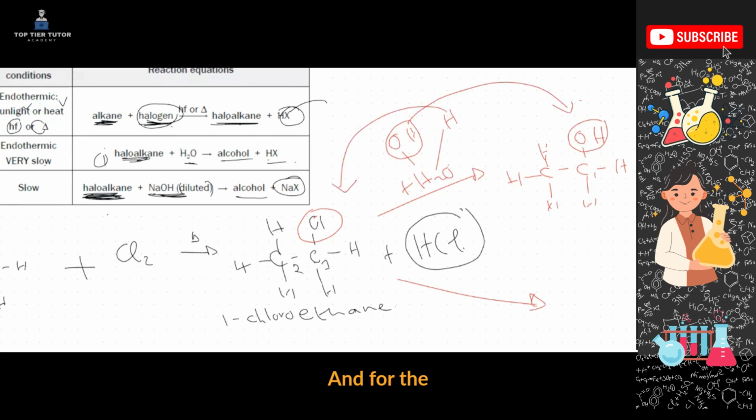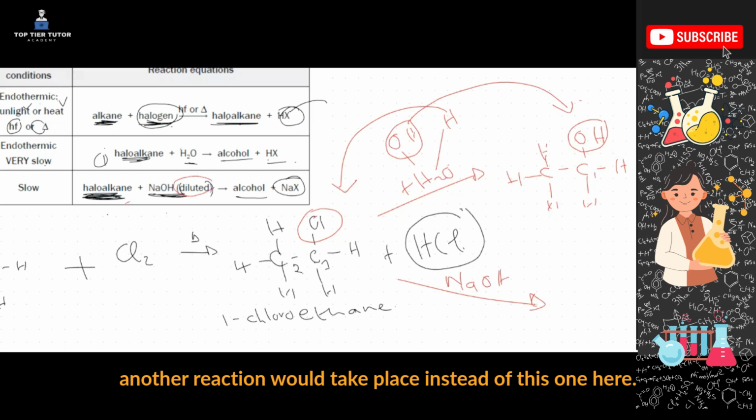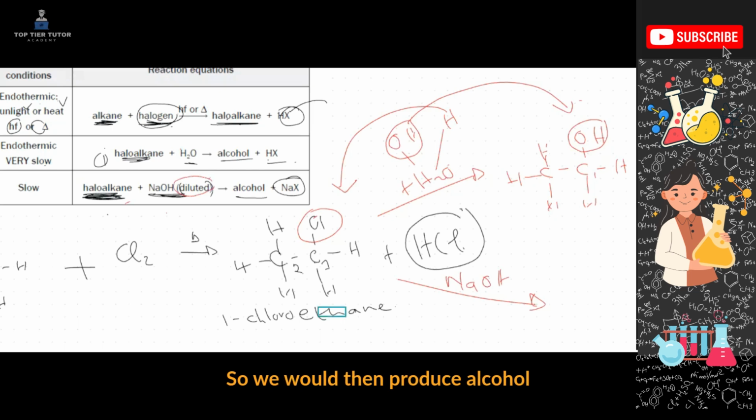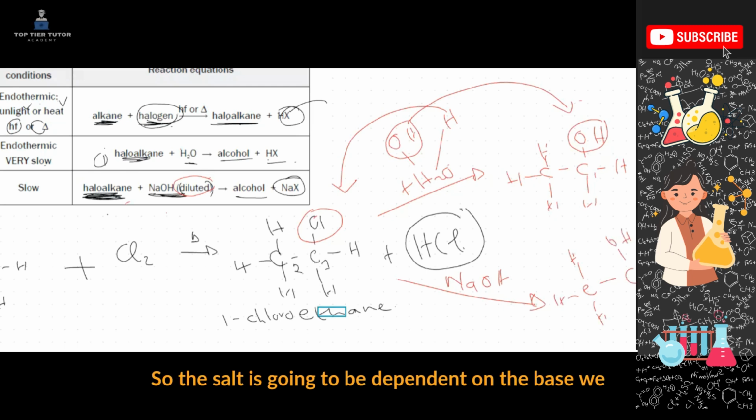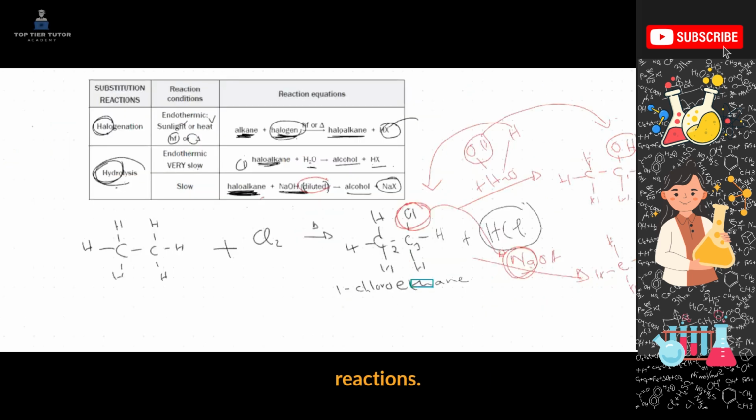And for the next one, where we reacted with a strong base that is dilute, make sure that it is dilute. If it's not dilute, another reaction would take place instead of this one here. So we would then produce an alcohol again and a salt. The salt is going to be dependent on the base we use, in terms of the metal and the non-metal, to give us sodium chloride. And those are our two substitution reactions.